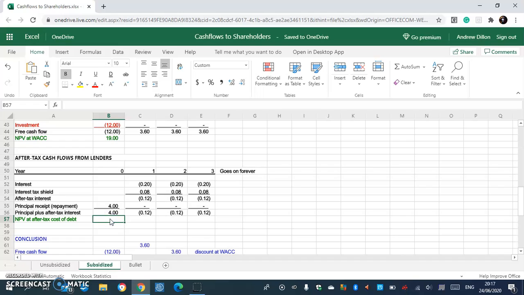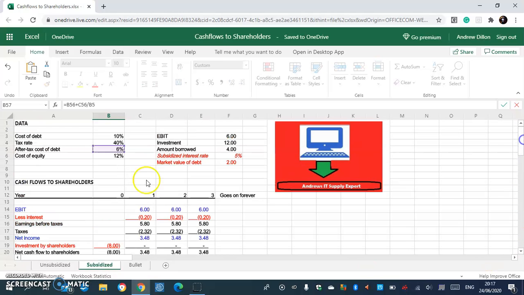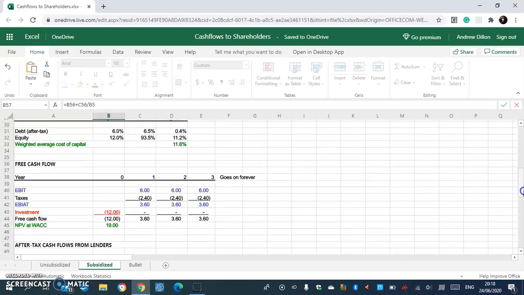And the last sum function table, subsidized sheet, net present value of after tax cost of debt. That's correct.